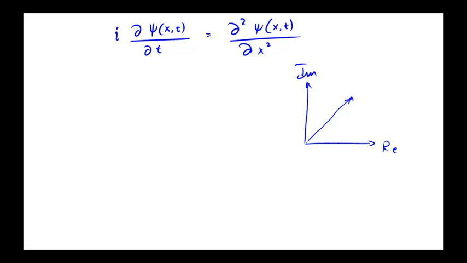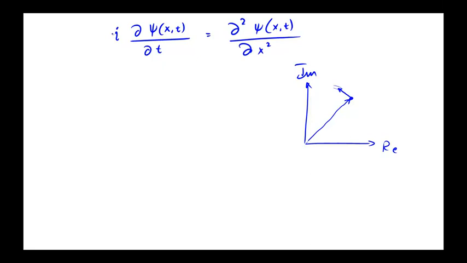But if you change it in a direction which is i times itself, then you're basically rotating the complex number around, and it leaves its magnitude unchanged. And this is the sort of thing that Schrödinger's equation is doing. It's saying the rate of change is proportional to the second derivative, but we want to move it in the orthogonal direction in the complex plane, so that we actually keep the normalization of the wave function, so that it ends up still being a unit wave function.